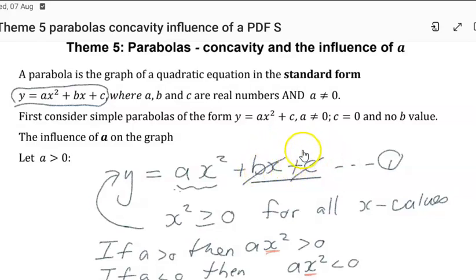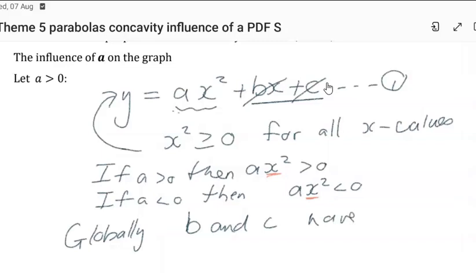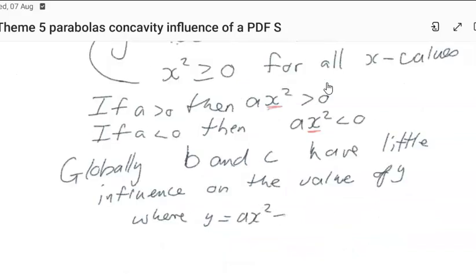Why do I say let's ignore the b and the c first? When we look at big numbers for x, then the bigger the x becomes globally, the b and the c have little influence on the value of y, where y is equal to ax squared plus bx plus c.